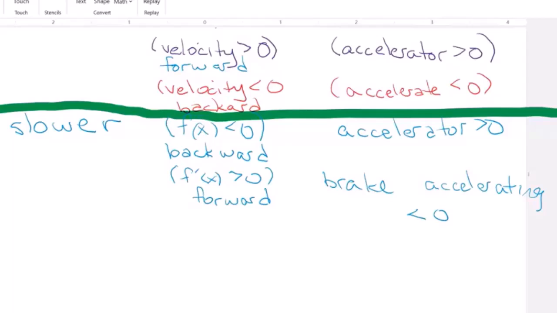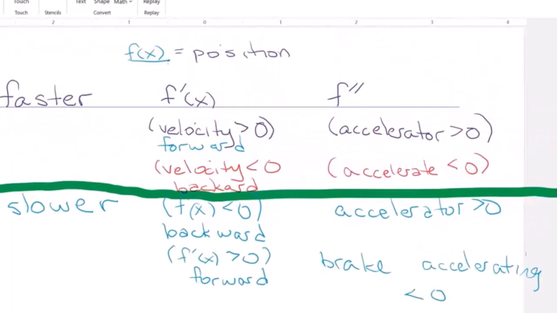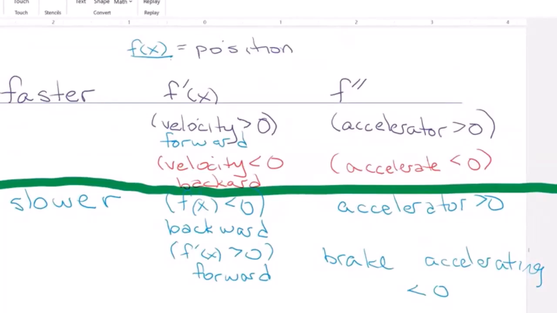Because I was going forward, now I put my brake on, it's the same as having the accelerator go in the negative direction, and I start slowing down. Hopefully that made sense. That's a very important concept, and it's a little bit hard to understand sometimes.